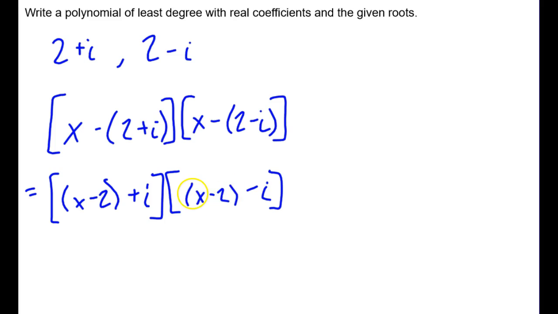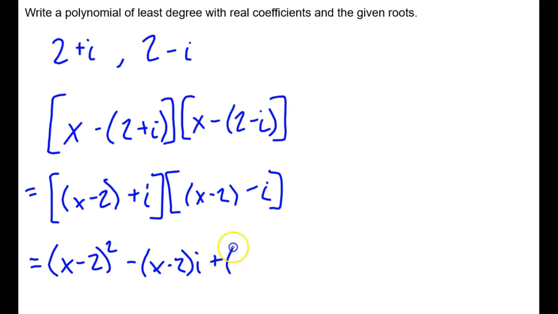If we FOIL this out, multiplying the first terms, we get the quantity x minus 2 squared. Multiplying the outsides gives minus the quantity x minus 2 times i. Multiplying the insides gives plus the quantity x minus 2 times i. And then i times i gives i squared.